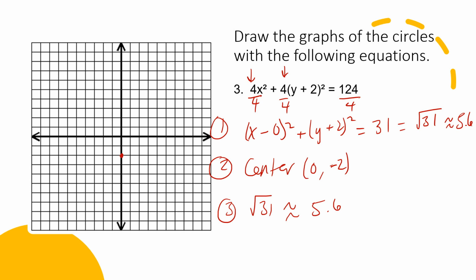So 1, 2, 3, 4, 5. A little bit bigger. 1, 2, 3, 4, 5. And 1, 2, 3, 4, 5.